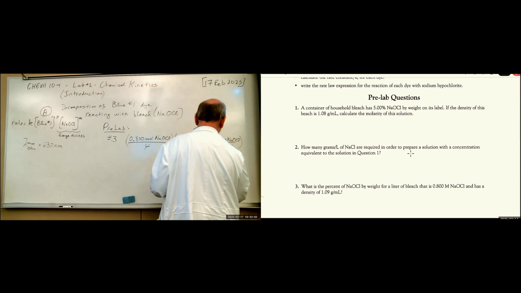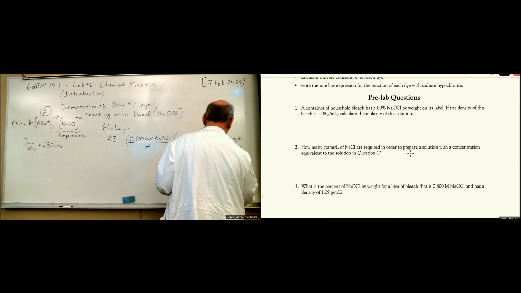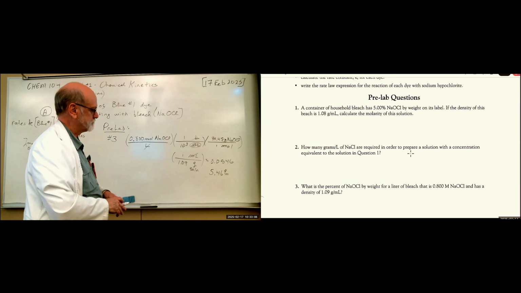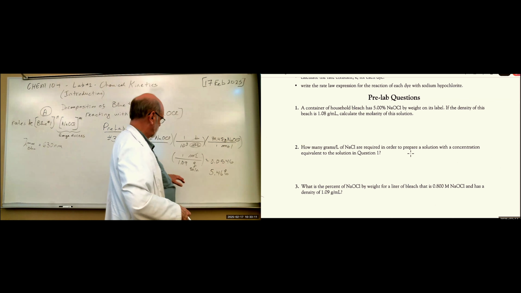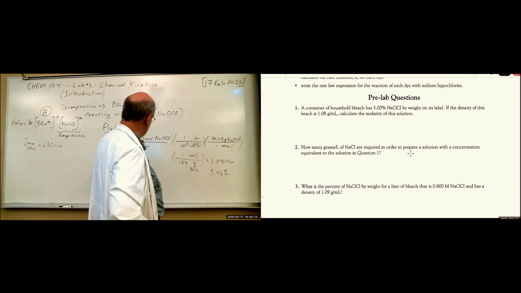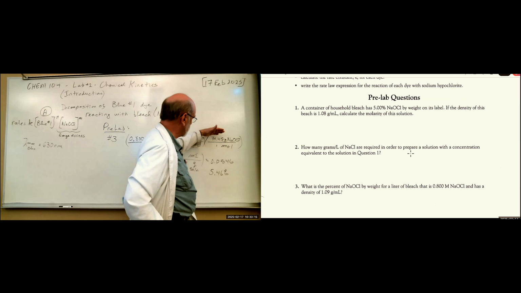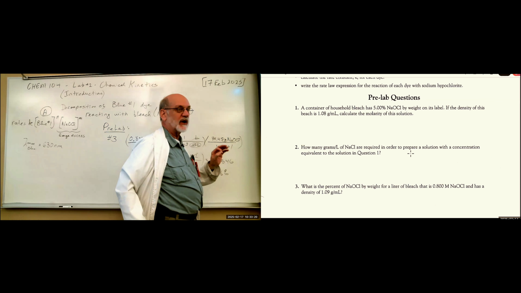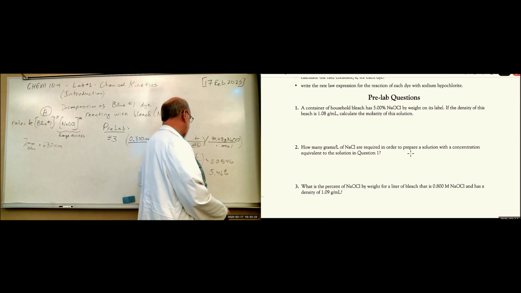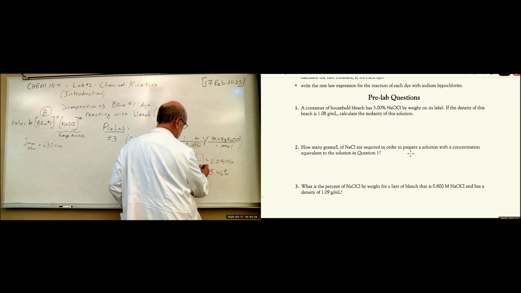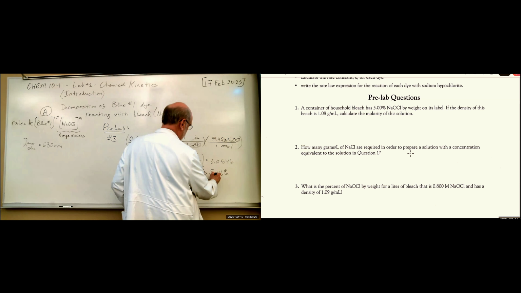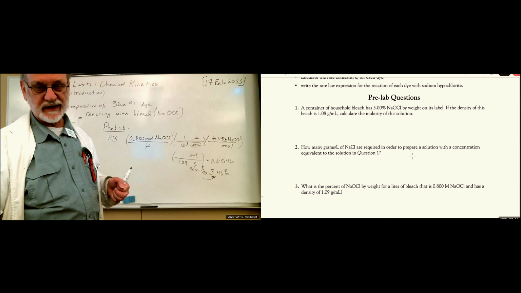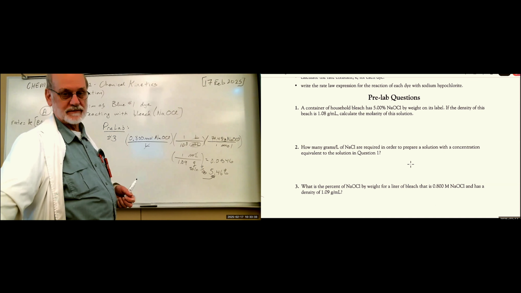So 2 to the right would be 5.46%. This is the fraction in terms of grams of sodium hypochlorite per gram of solution, but we want per 100 grams. So we would multiply by 100. So I could have done times 100 here, and that would give me that value. So it's 5.46% by mass.